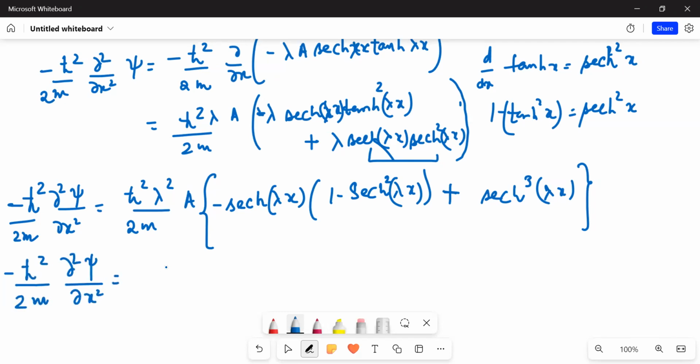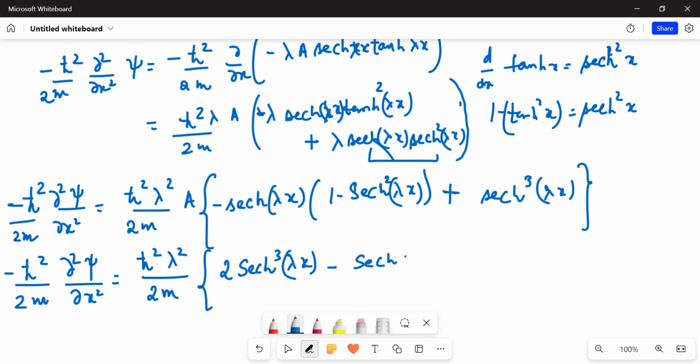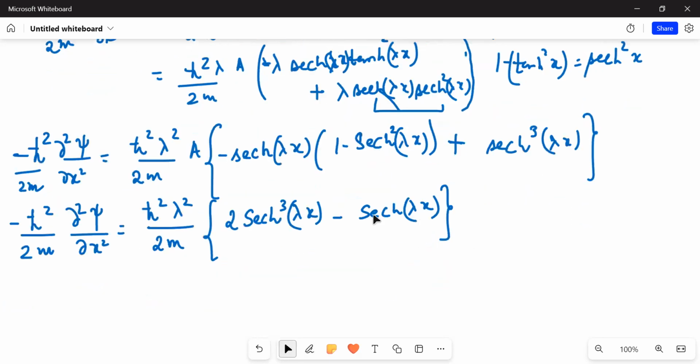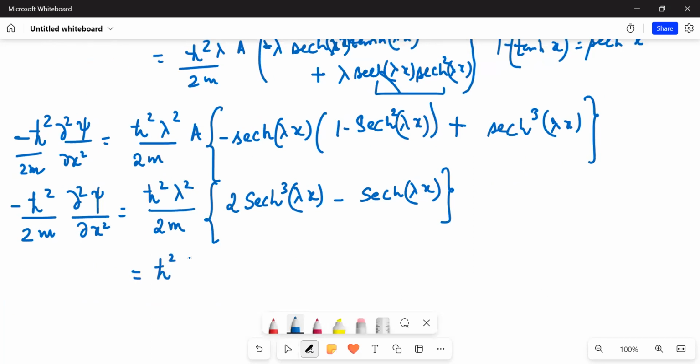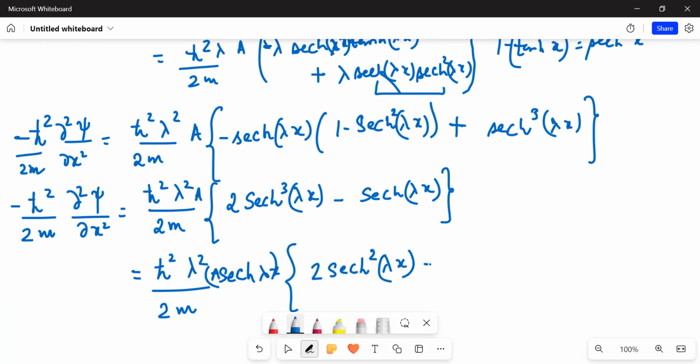So I'll get 2 times sech³(λx) minus sech(λx) common. I will simply get ħ²λ² upon 2m times sech, and this A would also come, so this will be like 2 times.